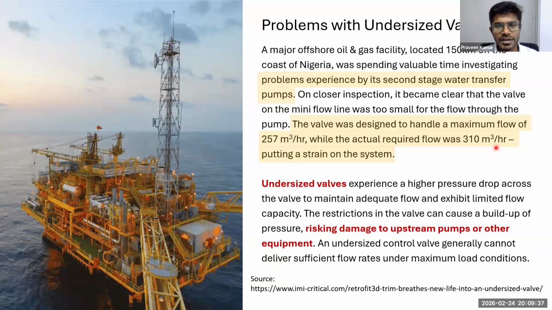So this is a case where there is a major offshore oil and gas facility where they faced problems. They were experiencing problems in the second stage water transfer pumps.